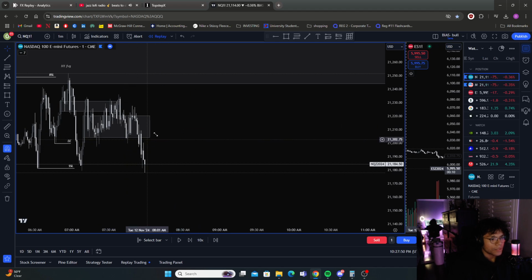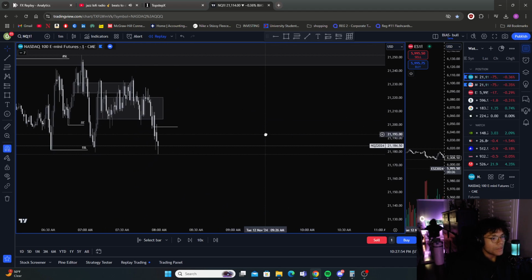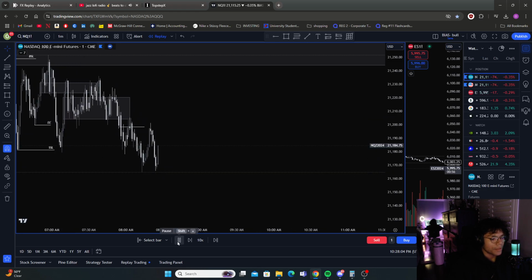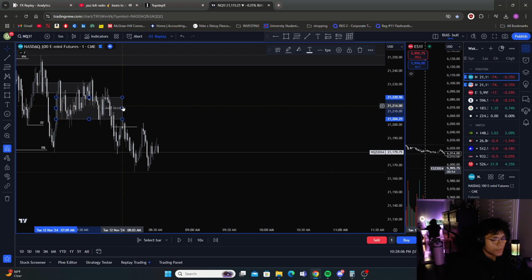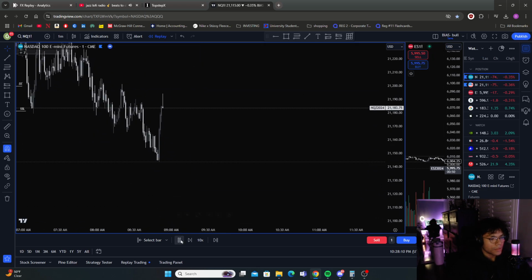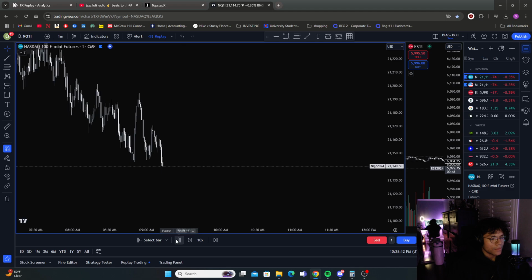And then we just inverse it, give a little order block here as well. So this is not simple, this is not clean, right? But somehow it kind of would have worked, but that's not a good trade. So again, just letting price do its thing here.